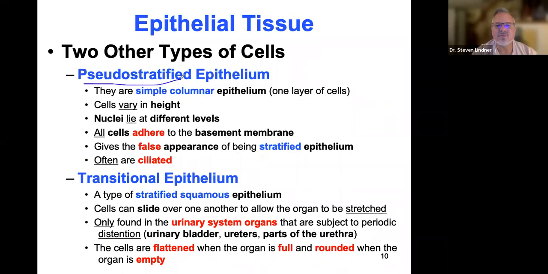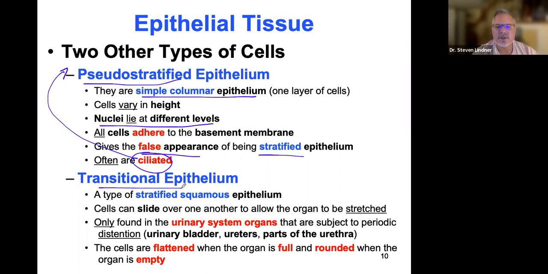Pseudo-stratified, remember, it's not really stratified. It's a simple columnar, but because the nuclei are at different levels, it gives this false appearance that it's stratified. And wherever we have pseudo-stratified, we'll often find cilia located there, especially in the respiratory tract or the trachea.